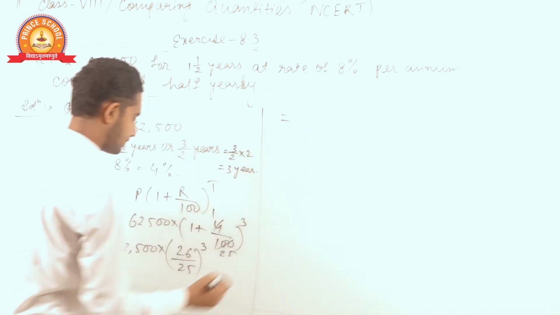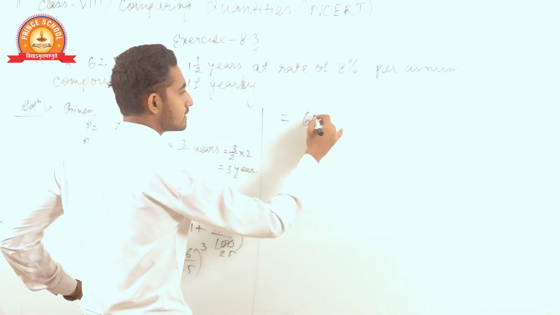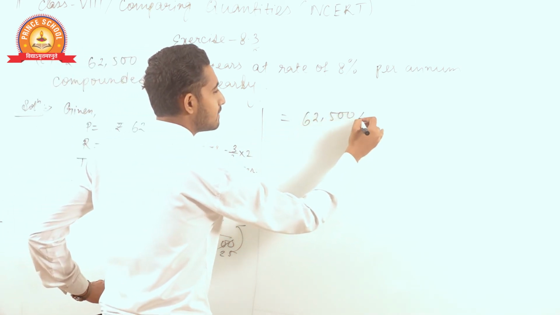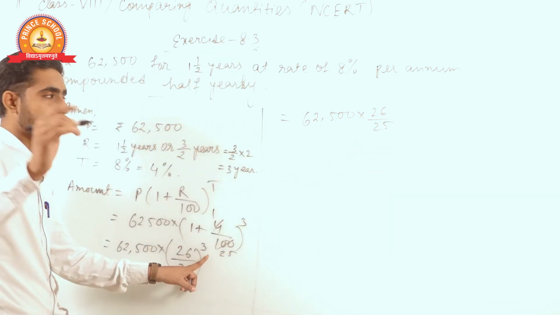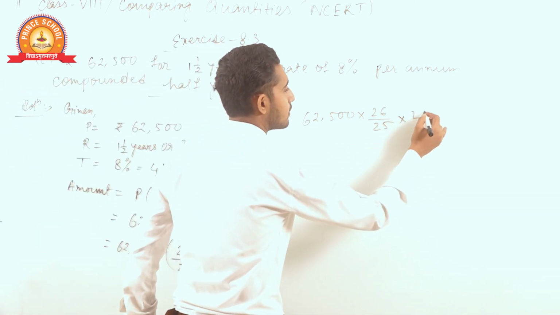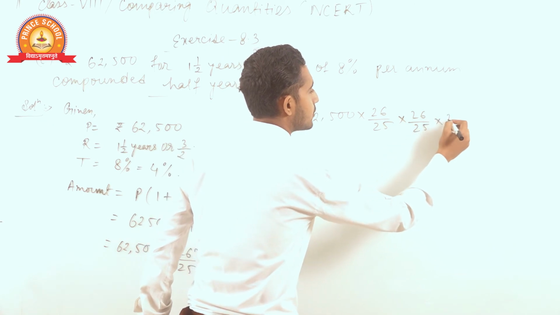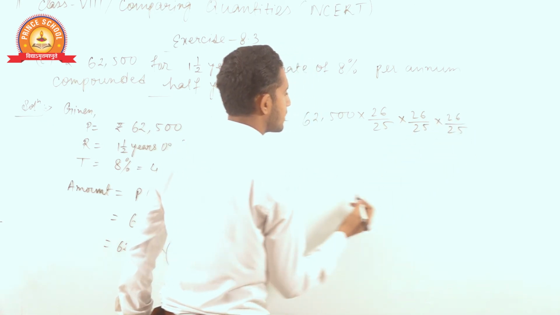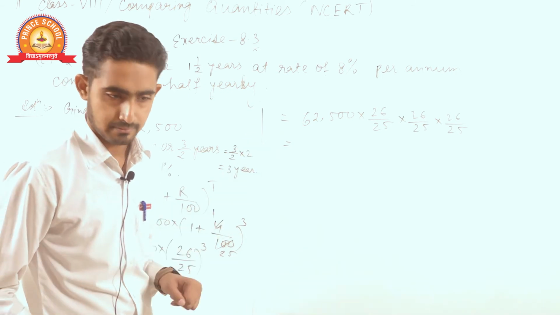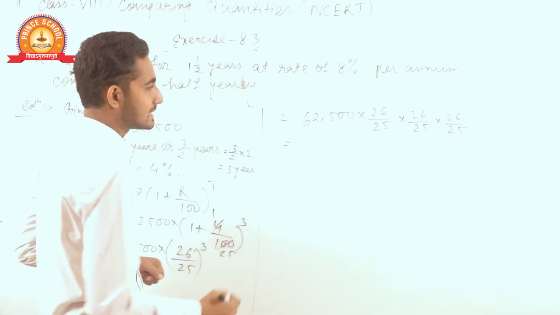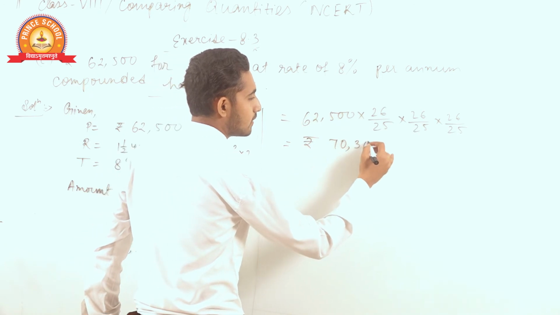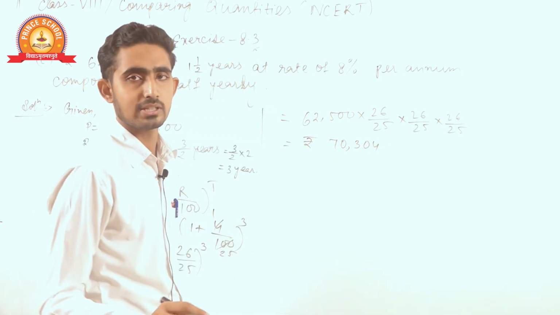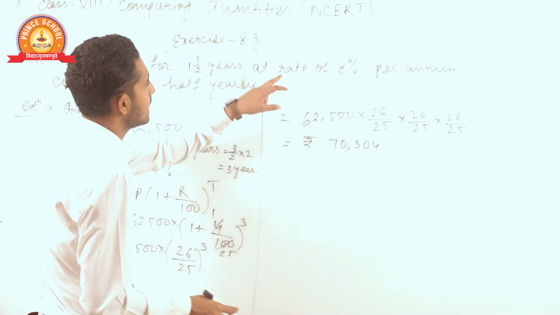Now come here. 62,500 multiplied by 26 upon 25. Cube means you have to multiply 3 times: 26 upon 25 and 26 upon 25. Now if you cancel them out, your answer will become 70,304 rupees.